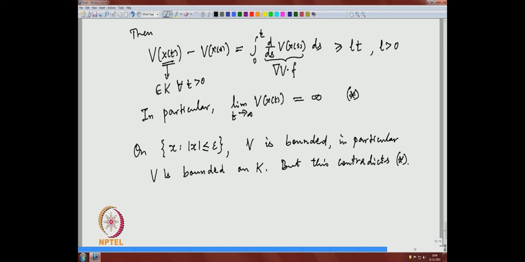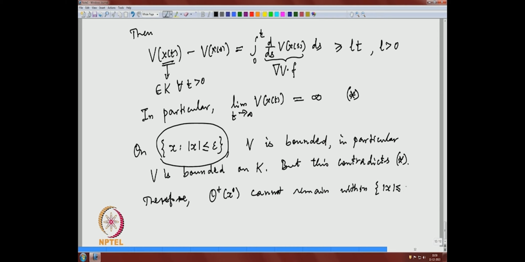So, why this contradiction? The contradiction comes because we are assuming the orbit is restricted to the epsilon ball, in this ball, and to get this contradiction, therefore, the orbit cannot remain within this bound.